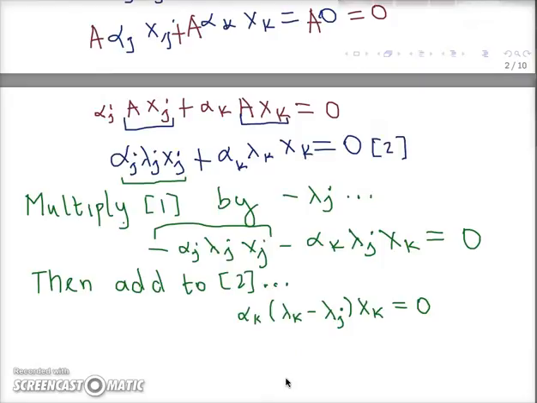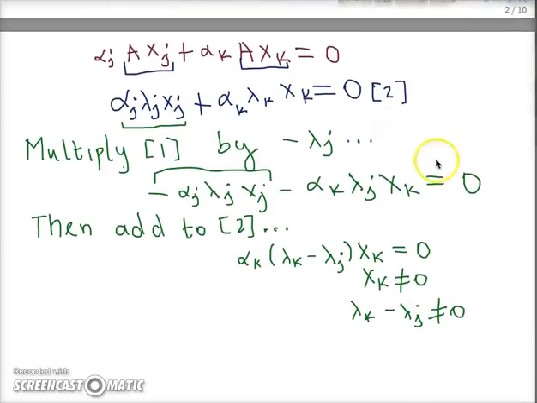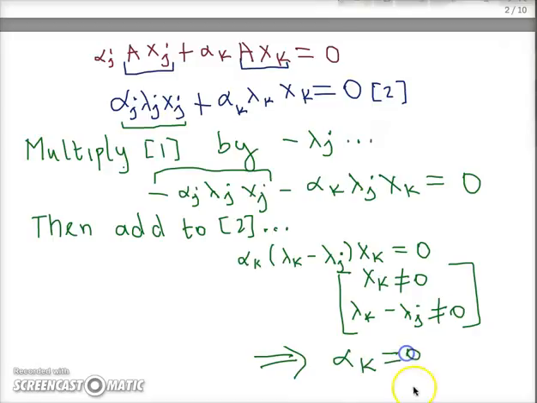We know that xk is not the 0 vector, and we also know that lambda k minus lambda sub j is not the 0 scalar, because we had assumed that these two quantities are different from each other. They're not equal, therefore their difference is not 0. So since the vector is not the 0 vector and the difference of those two eigenvalues is not the 0 scalar, this implies that alpha k has to be equal to 0.